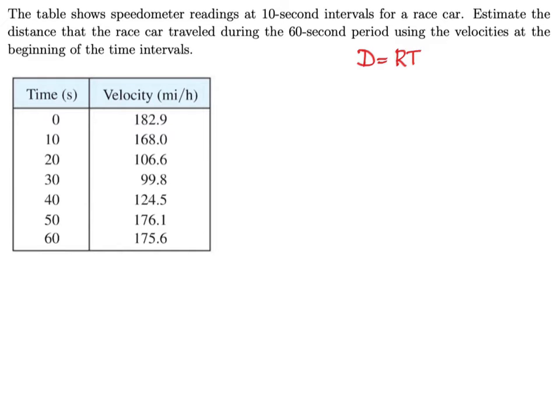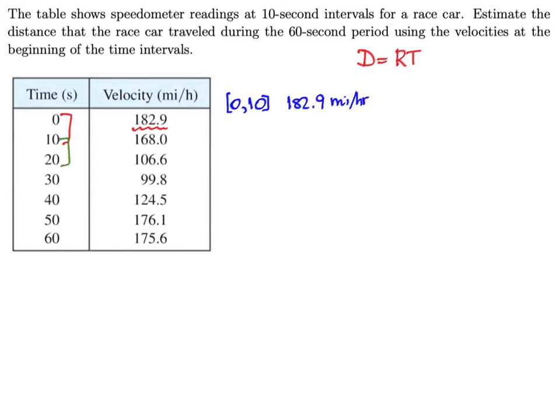So what we're going to do in this problem is use those 10-second intervals and use the speedometer readings at the very beginning of each interval to assume that the race car was going that fast for the entire 10 seconds. So for the first time interval, from 0 seconds to 10 seconds, we're going to assume the car was going 182 miles per hour on that entire interval.